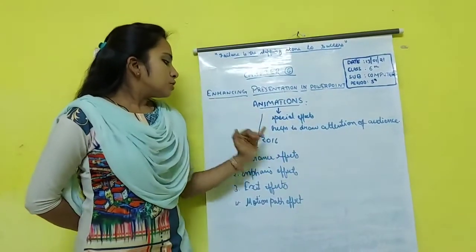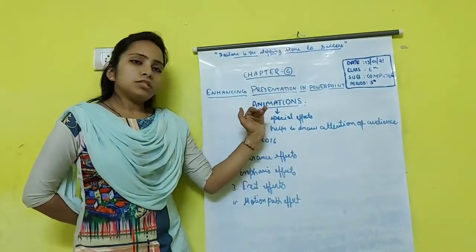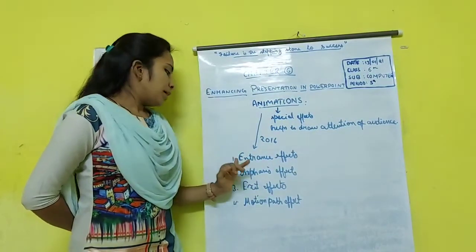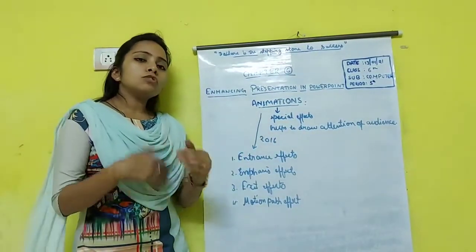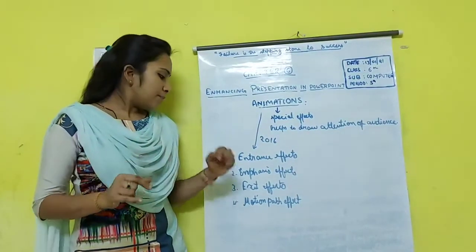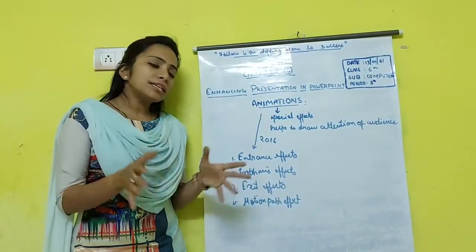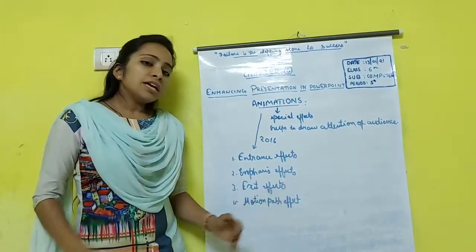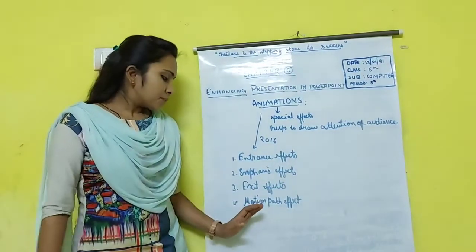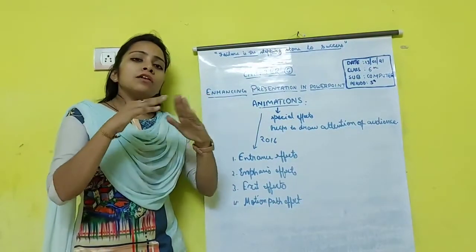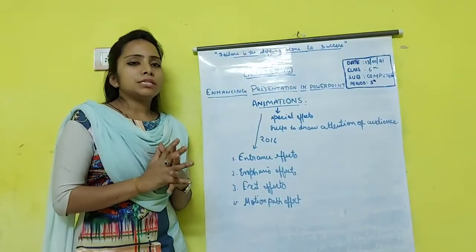Then, PowerPoint 2016 provides us with 4 kinds of animation effects. Entrance effect means how the things will enter into the slide. Emphasis effect means how they will affect other things. Then exit effect, how they will leave the slide. Then motion path effect means how they will move in the presentation.